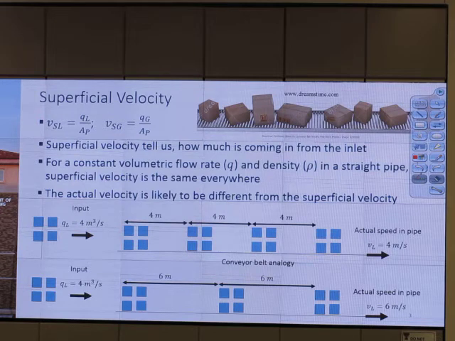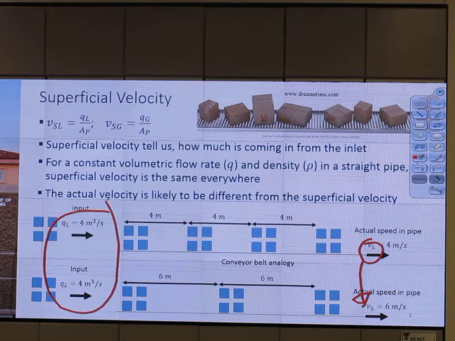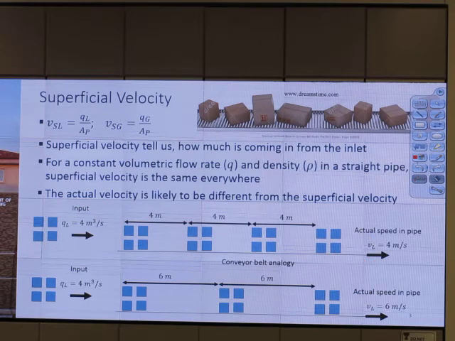So the phase that moves fast will have lower holdup or lower fraction. If I have VL at 4 and I increase the speed to 6, you would expect liquid holdup to be less, provided that VSL stays constant. This has to be constant. Clear enough?